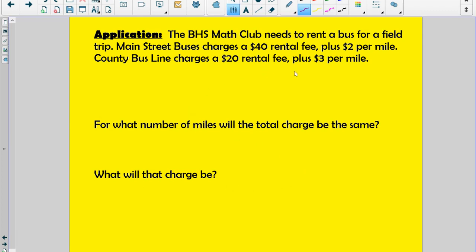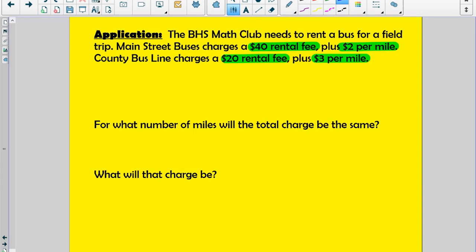So the first thing we want to do is take our information and write a system of equations. One part of the equation is the rental fee. The other part of the equation is the charge per mile. And when we write our equations, we have to think about what our variables are.